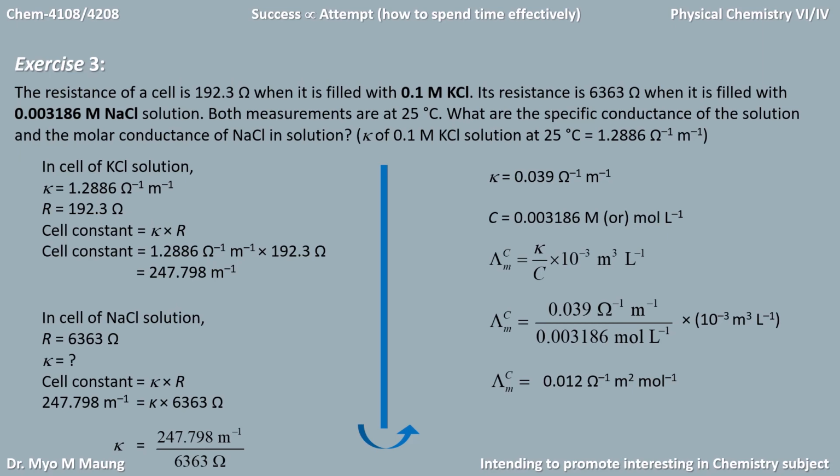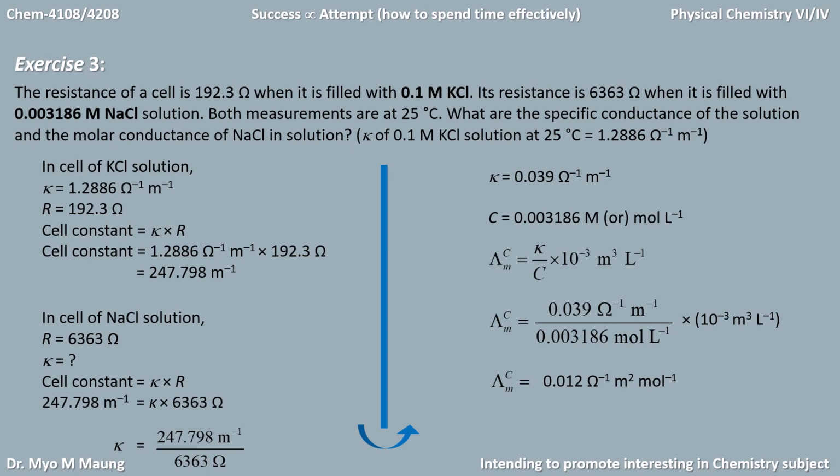We can use the cell constant's value in the cell of NaCl solution. We are given that R equals 6363 ohm. So, cell constant equals kappa into R. If we substitute the values 247.798 per meter for cell constant and 6363 ohm for R, we will obtain the value kappa equals 0.039 per ohm per meter.